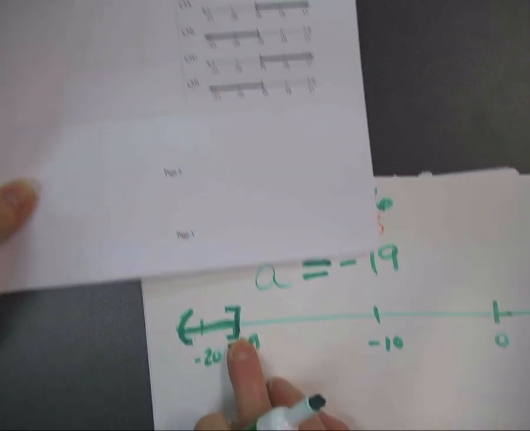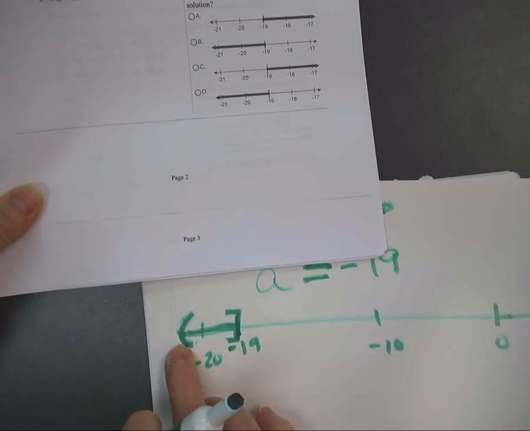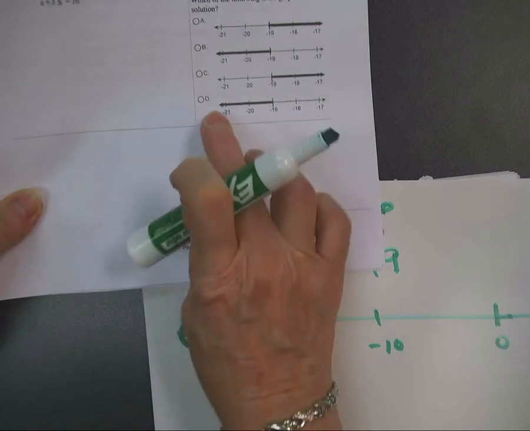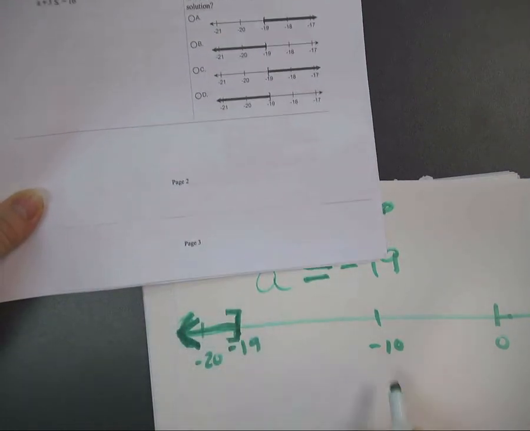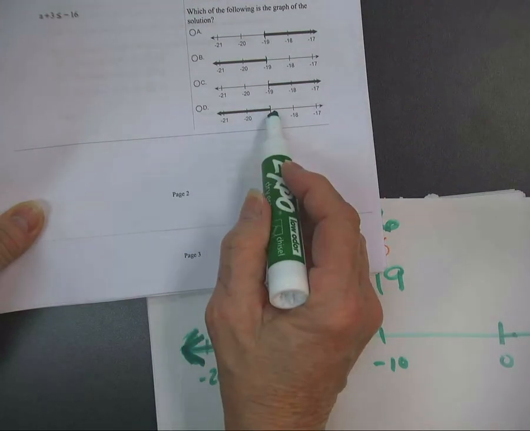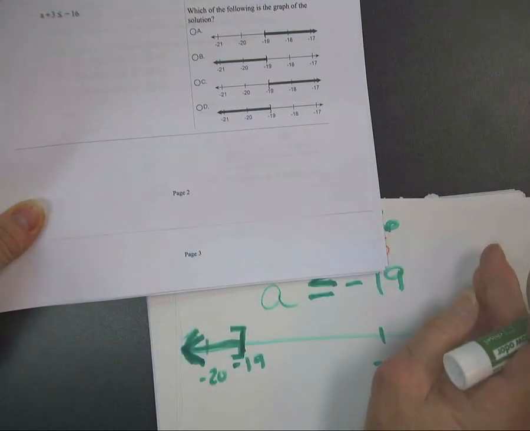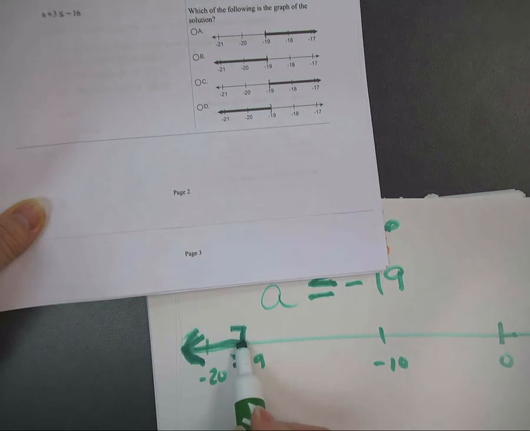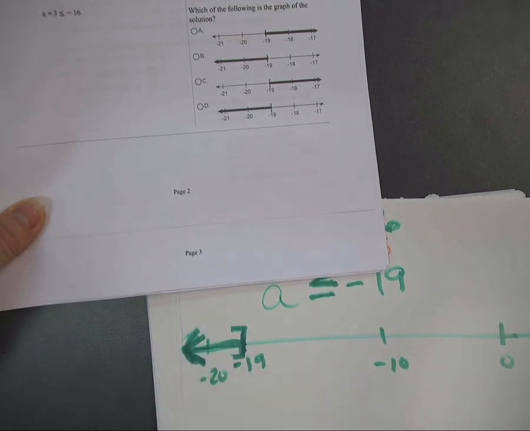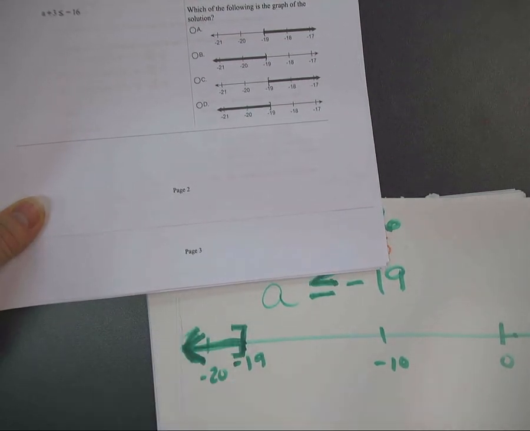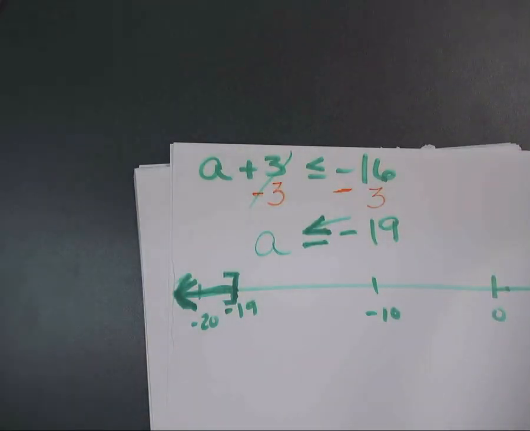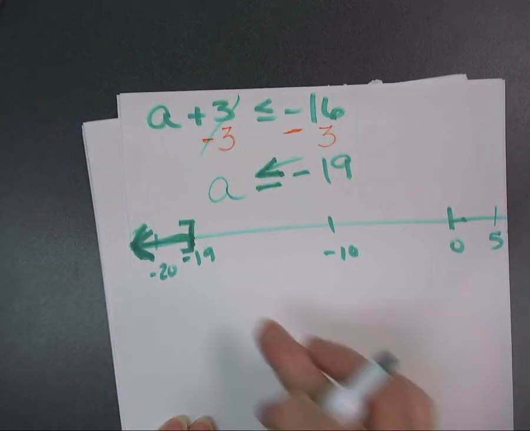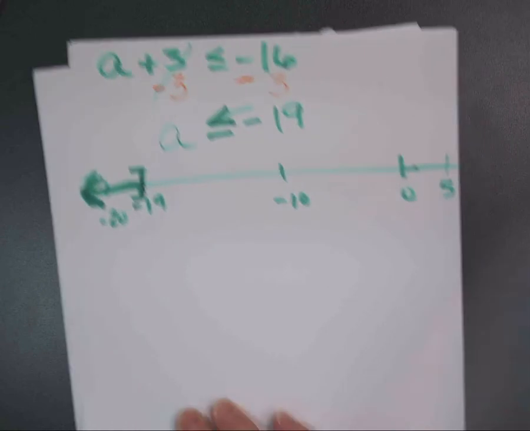We have a bracket here and an arrow there. So D. Interval notation would be negative infinity up to negative 19, but it doesn't ask for that. Your homework was harder than the test, because it would do the graph and then ask for interval notation.